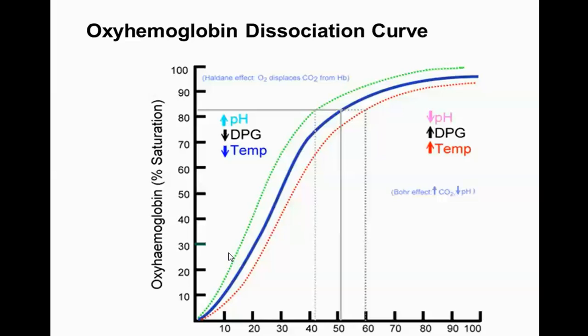So if the patient has cytotoxic hypoxia, is it considered a shift to the right or to the left? Carbon monoxide poisoning. Yes, excellent.